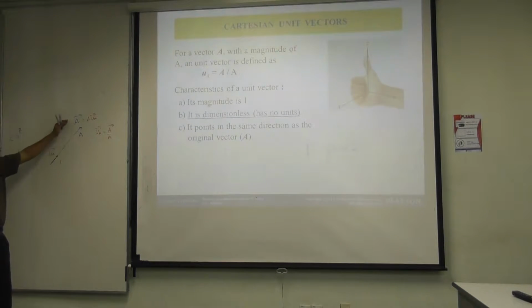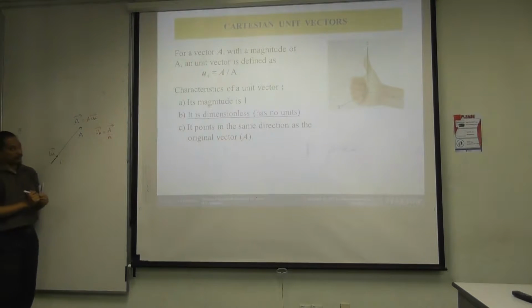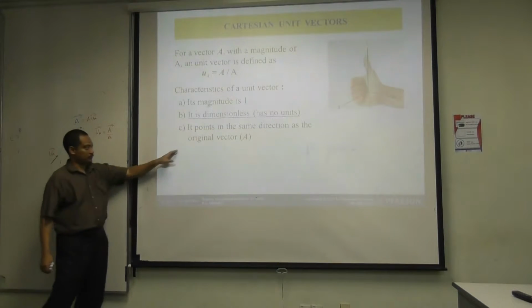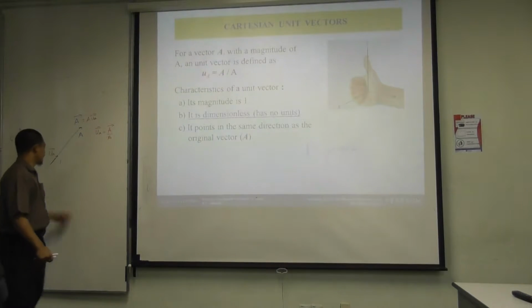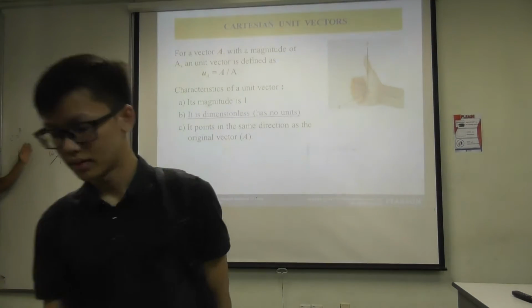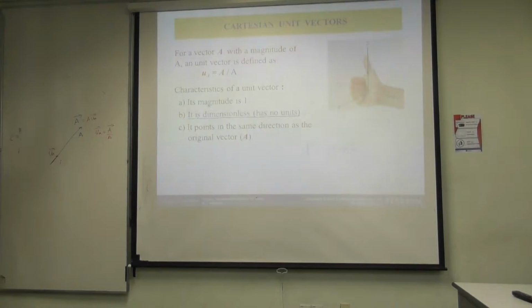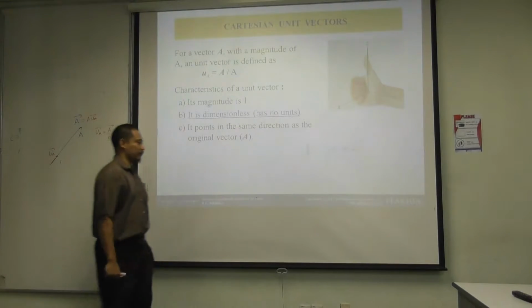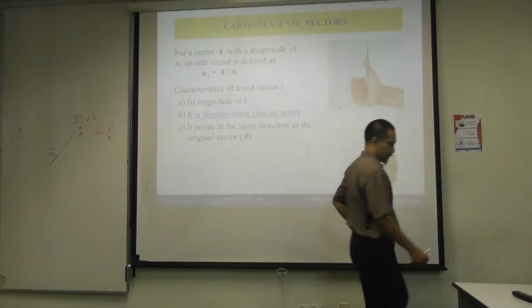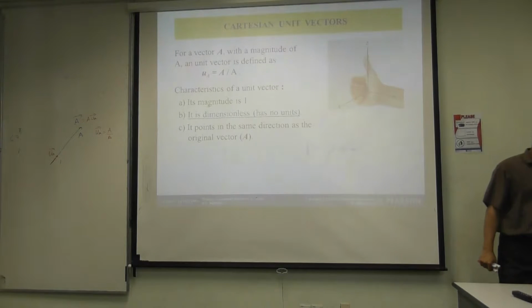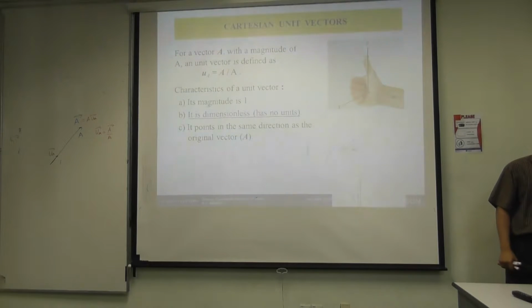If it's Newton and Newton, they cancel also. So it is dimensionless, and it always points in the same direction as A. So if you have B, UB, etc. So that's the concept of unit vector. Any question on that? Is it clear? Okay.